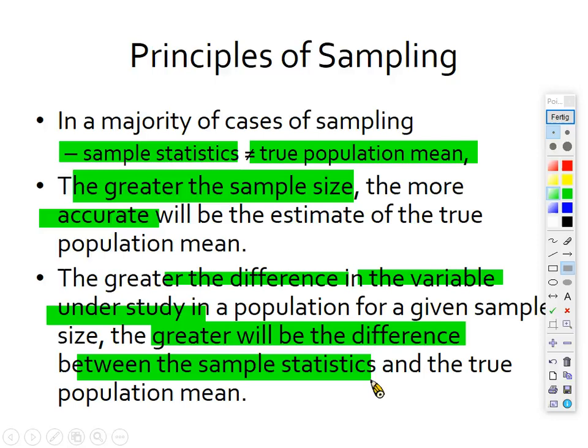So basically, the larger the sample size, the more accurate the estimate for the population parameter. The more varied the variables inside the sample, the less accurate the estimation for the population parameters. So both considerations are very important.